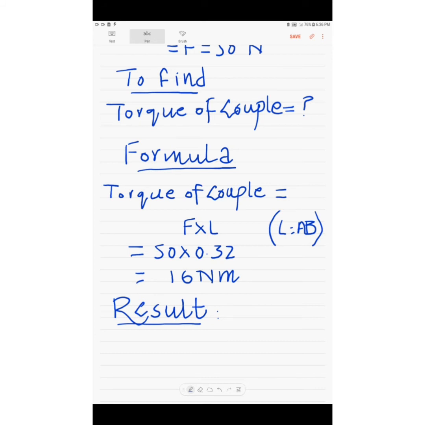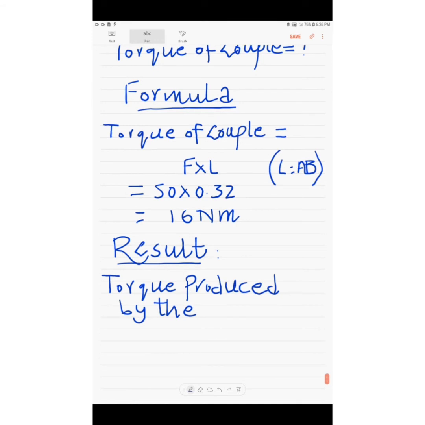Torque produced by the couple is 16 Newton meter.